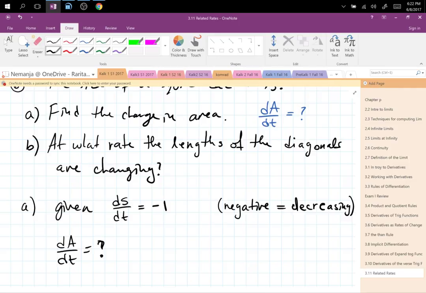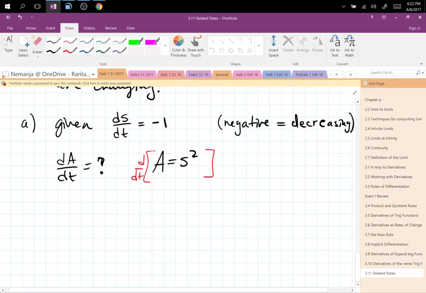S squared. A equals S squared. So it's just an equation for area. So now when I differentiate that, I will get a related rates equation. I'm going to differentiate with respect to time and say that the change in area in time is equal to 2S ds dt.